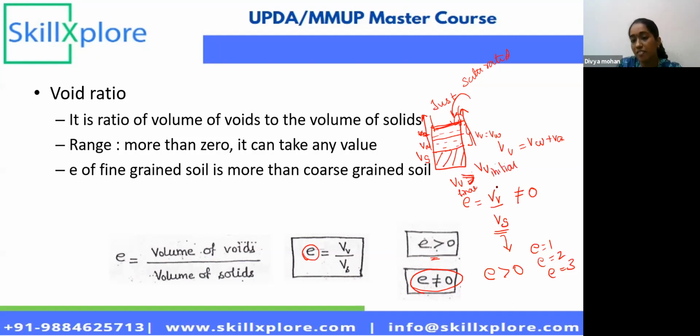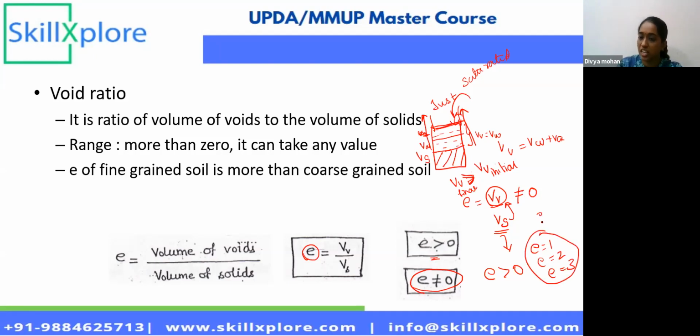So Vv may change, and it can exceed the value of Vs. That's why e can take any value. Vv is not a constant parameter. It can range to any value. Even if the soil gets loosened, this value may change. So e can take any value.